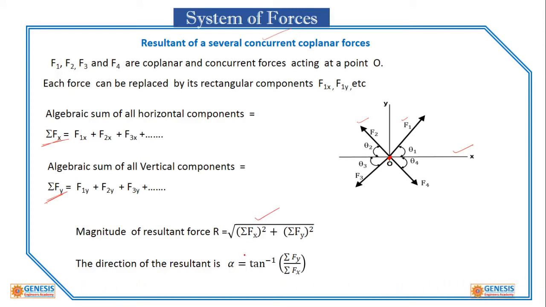Suppose sigma Fx is in this direction and sigma Fy is in this direction, the resultant will be in between, and the angle is alpha. This is the resultant. Like that you have to find it, depending upon the conventions we use.